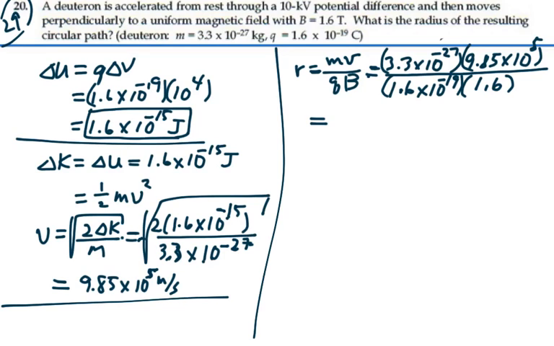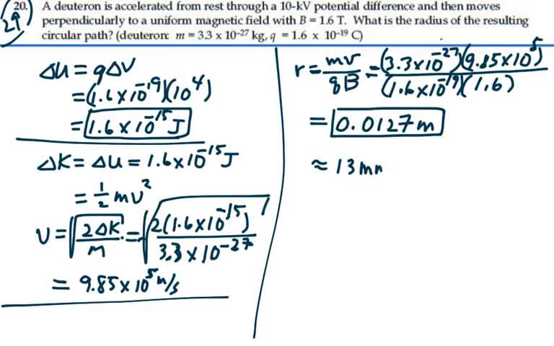And this is equal to 0.0127 meters. So the radius it will go through is 0.0127 meters, approximately 13 millimeters.